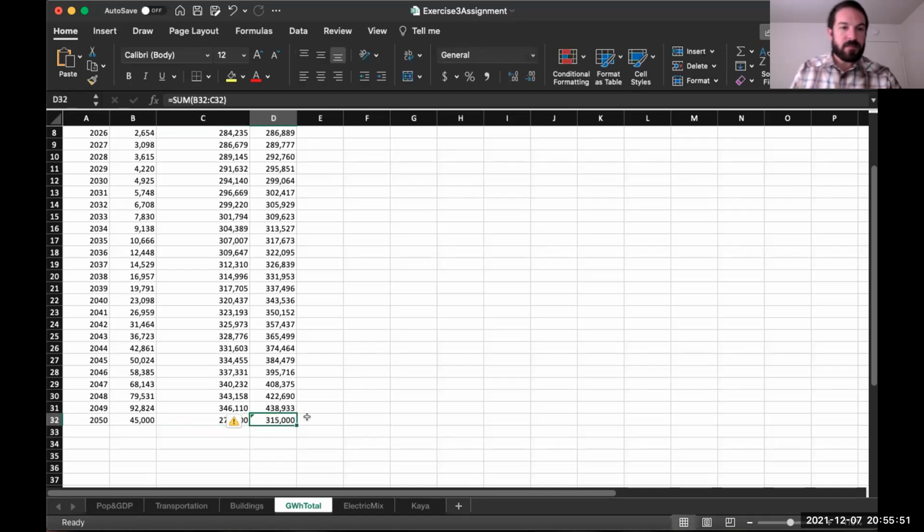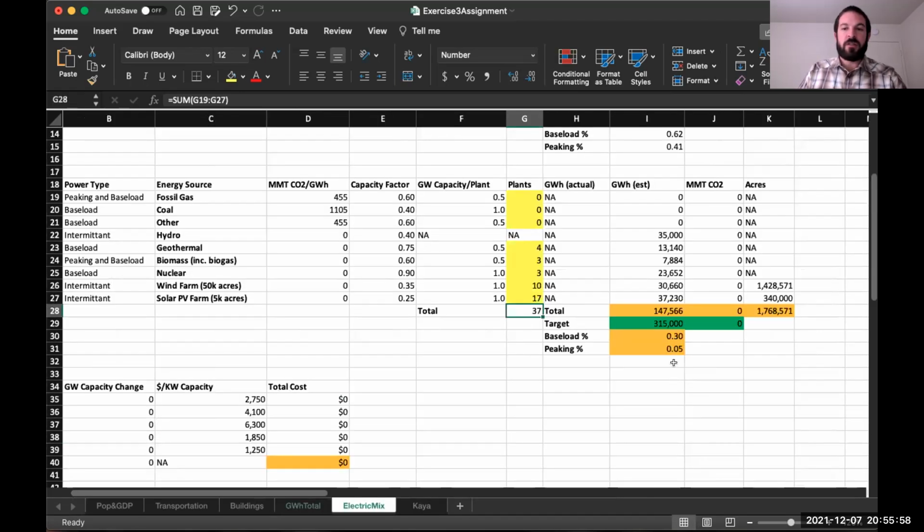Okay. 315,000 gigawatt hours. I go to my electric mix sheet, and oh, look, that's the target now. 315,000 gigawatt hours per year. And so now I get to build this scenario all over again. Okay. But I do it with a much lower target.